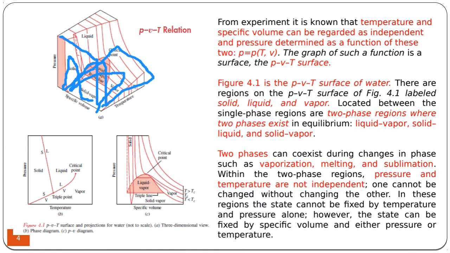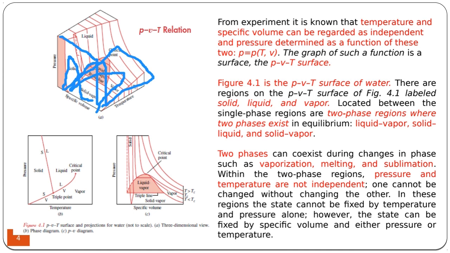So if you remove the pressure on carbon dioxide, it becomes vapor directly from solid. If the temperature is low enough, the solid carbon dioxide becomes vapor carbon dioxide because the pressure is below the triple point, and this phenomenon is called sublimation.